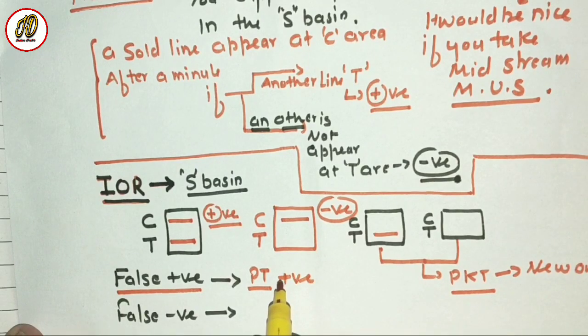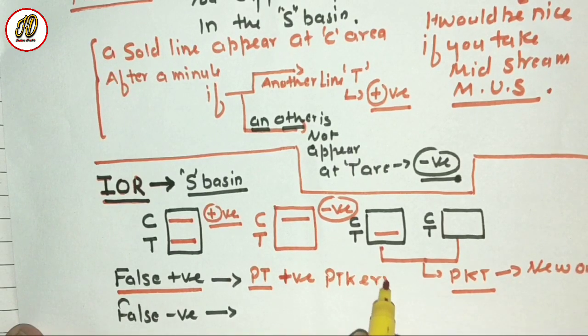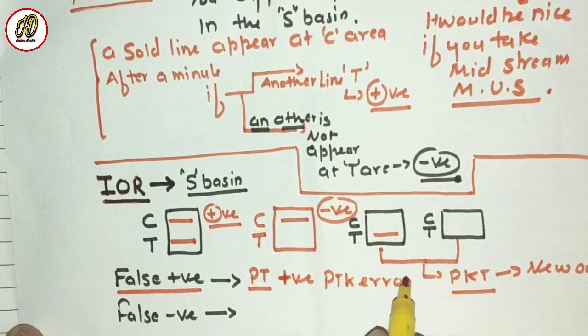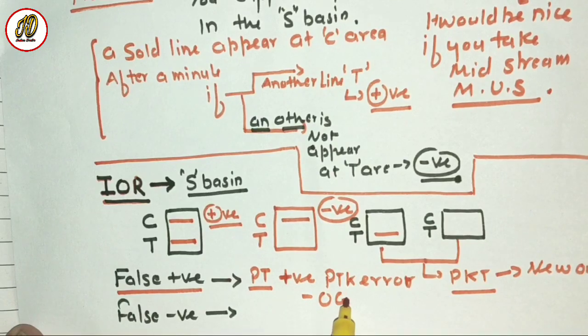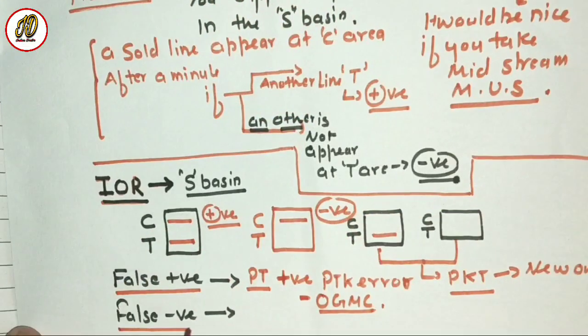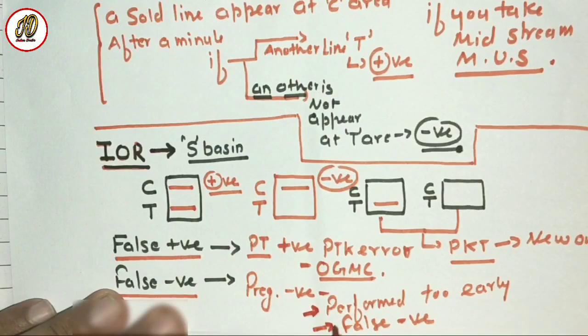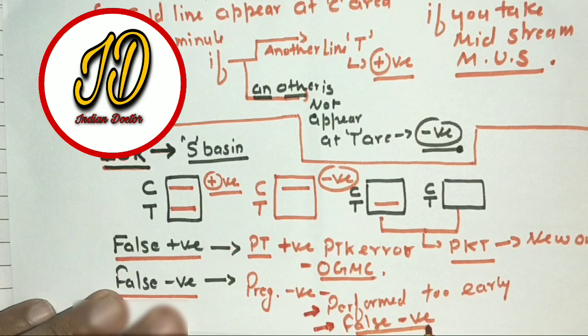This is due to a pregnancy test kit error, or there may be another gynecological medical condition. Let's talk about the false negative. False negative is the case when the patient is pregnant but the pregnancy test is showing a negative result. If the test is performed too early, then the test shows a false negative result.